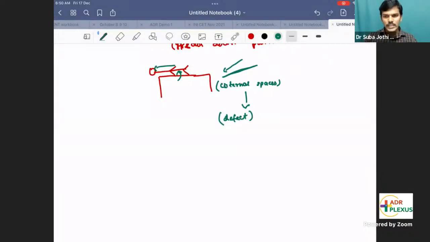Now we can do two things. One is to use an endoscope to visualize the defect and do a CSF rhinorrhea leak repair.